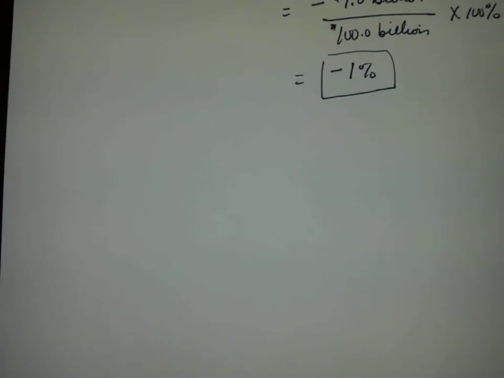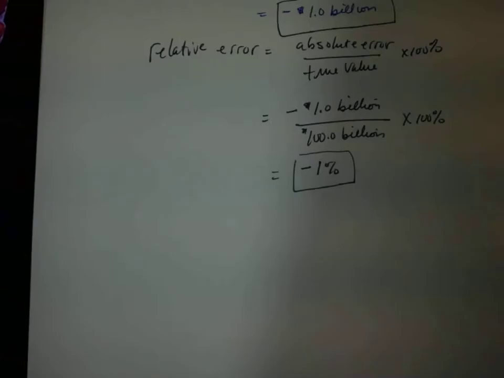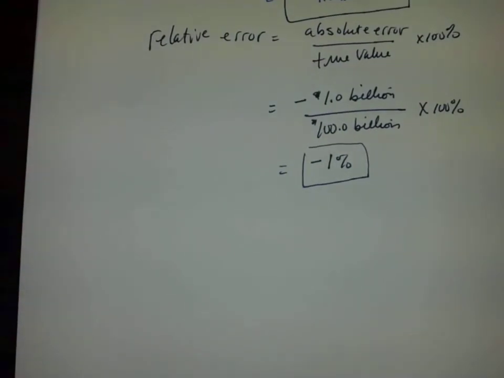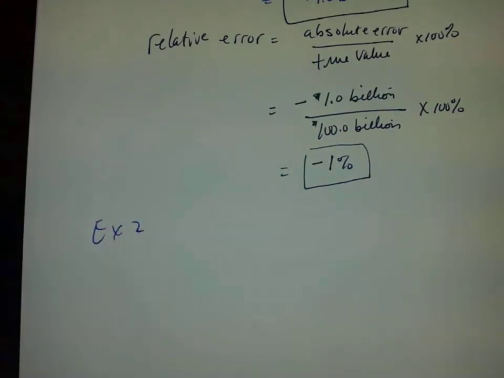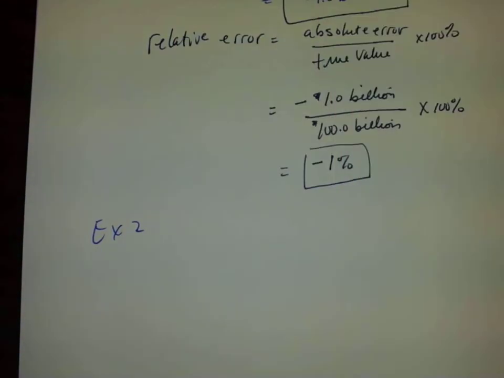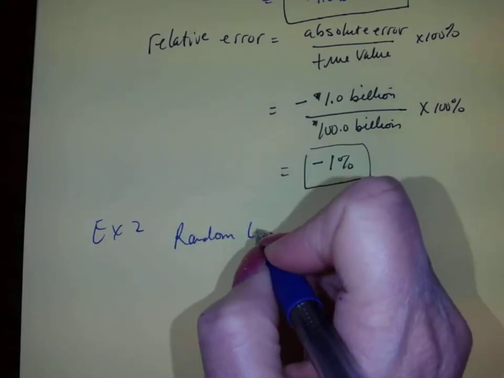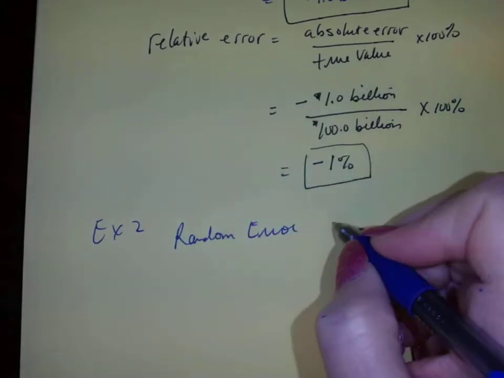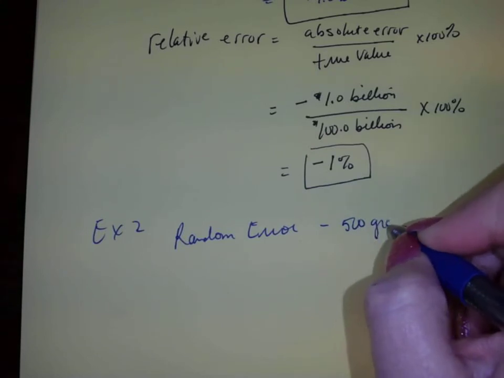Okay, so for our bell peppers, this will be example 2. Just a little so I have room to write. So example 2, we're talking about the bell peppers. And there are 2 errors that occur because we were asked to find, are there any random or systematic errors? So the random error is the 500 grams, right?